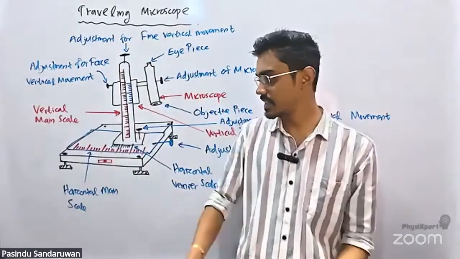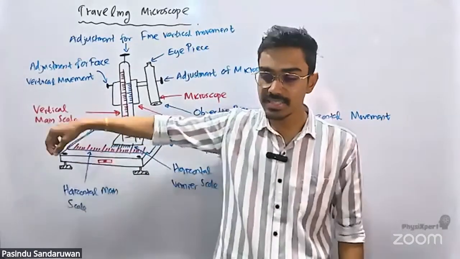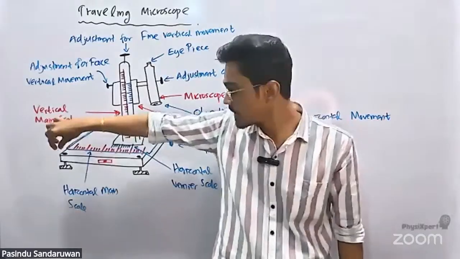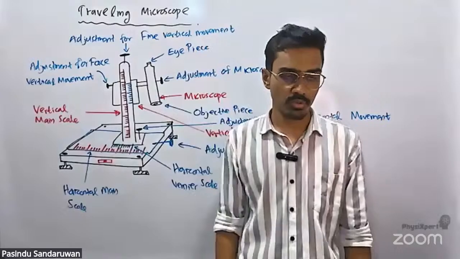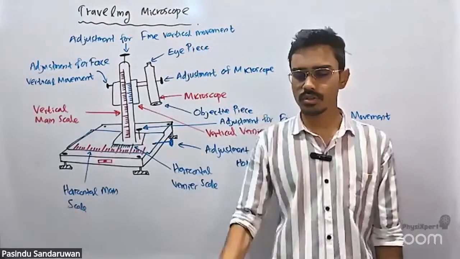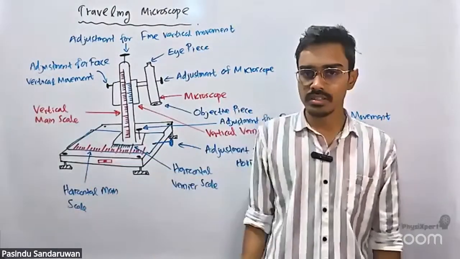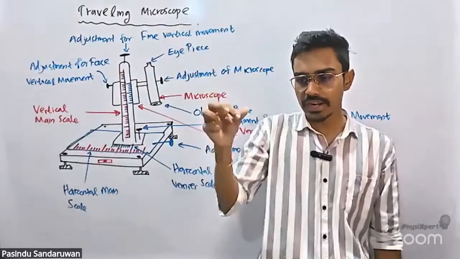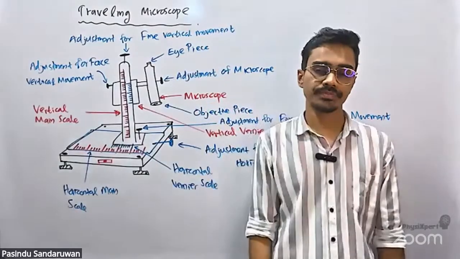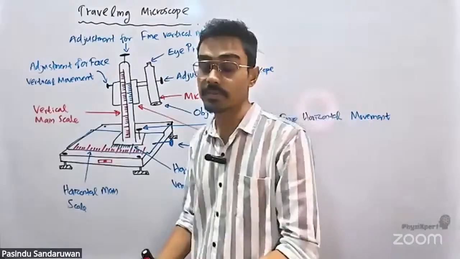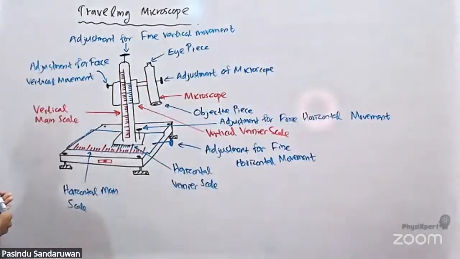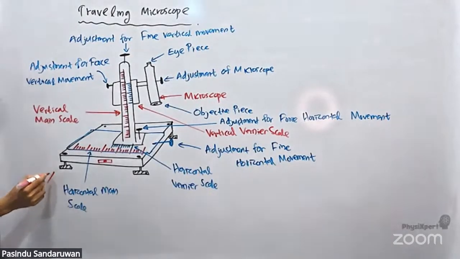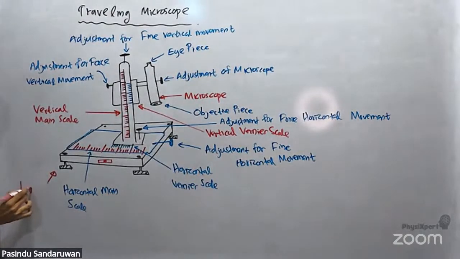Screw legs in the sense, when we need to adjust the height, we can rotate this part and adjust the height. So that is also called leveling screws. You can rotate them and adjust the height. They are the legs of the traveling microscope. They are called leveling screws.